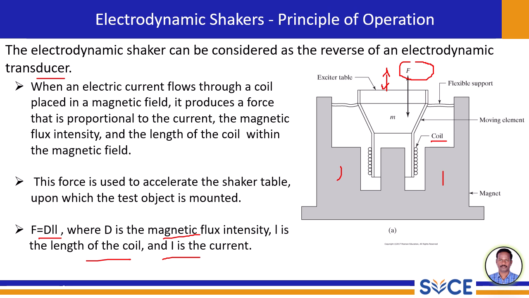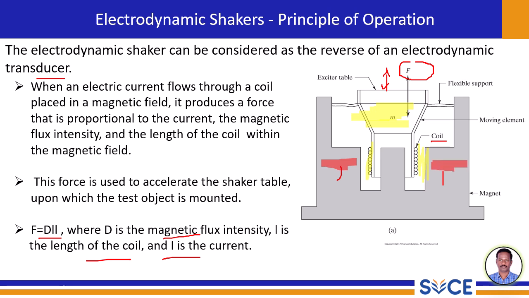Let me show this shaker. There is a coil which is part of the moving element, attached to the exciter table. This is the exciter table, where the mass M is suspended within the magnetic field produced by the strong magnets. So this is the magnetic field produced by the strong magnets.